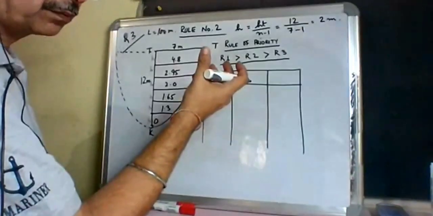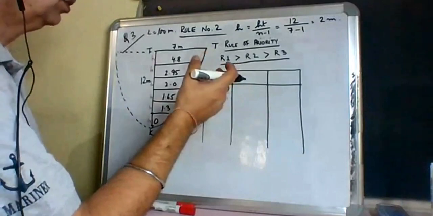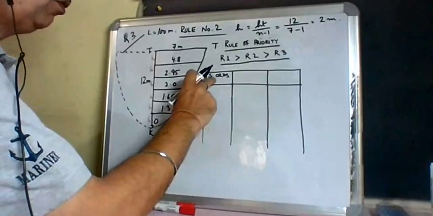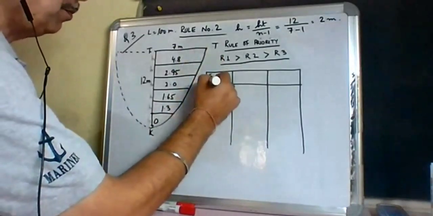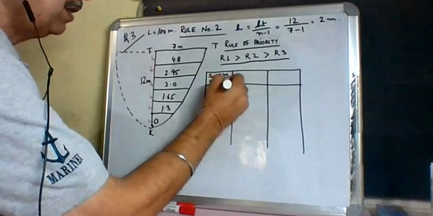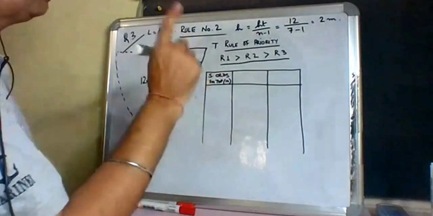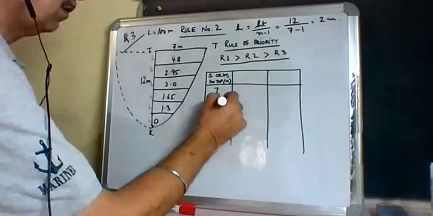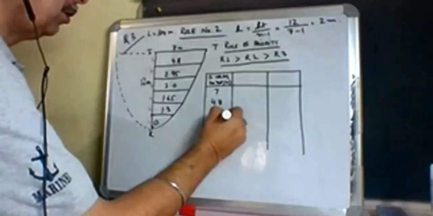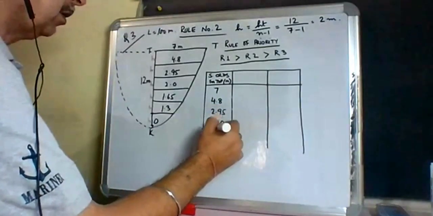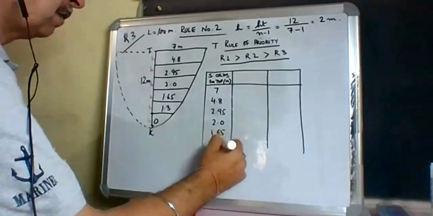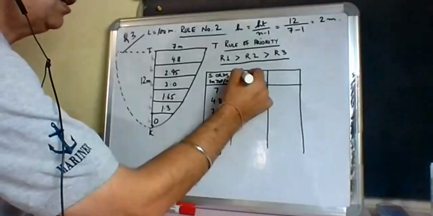So I could have written half breadths from top, or semi-ordinates from top. Same thing, in meters. The order will remain the same. Don't change the order. 7, 4.8, 2.95, 2.0, 1.65, 1.3 and 0.